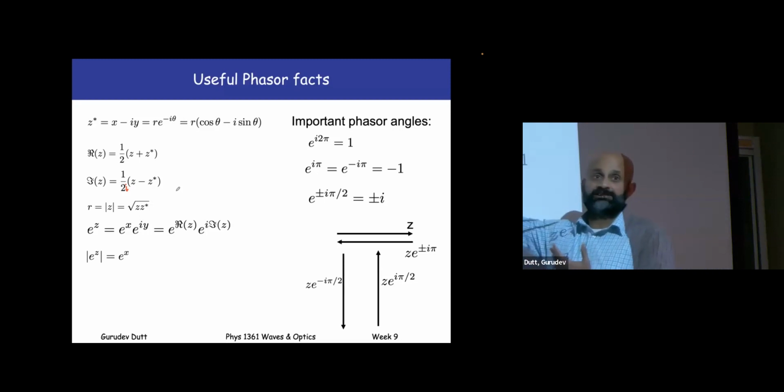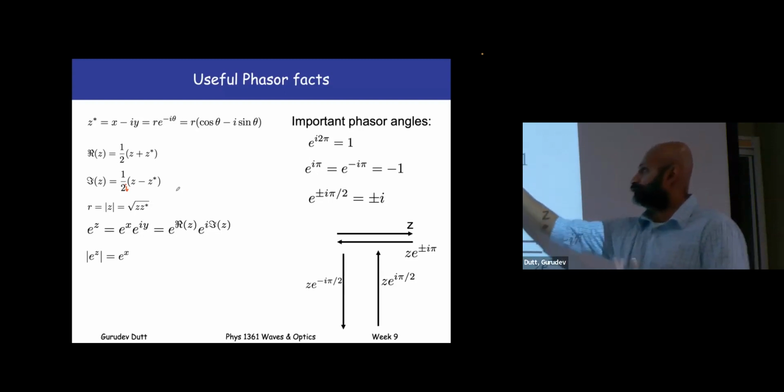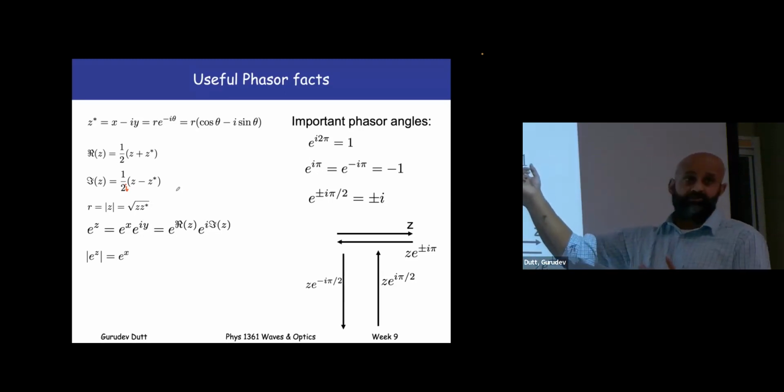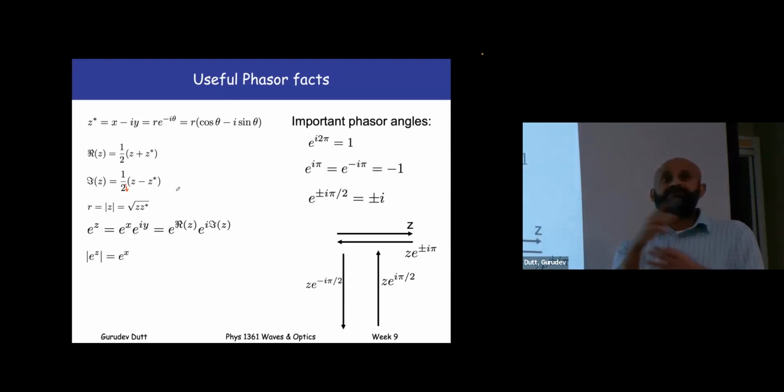And since e to the i 2 pi is equal to 1, we see that we come back to the same phasor. Similarly, if I take the phasor z, r e to the i theta, and multiply by e to the i pi, okay? Now e to the i pi is just minus 1. But also you can see the same thing is happening. I'm rotating the angle now by pi. So I'm flipping the angle by pi, that's equivalent to multiplying it by minus 1.